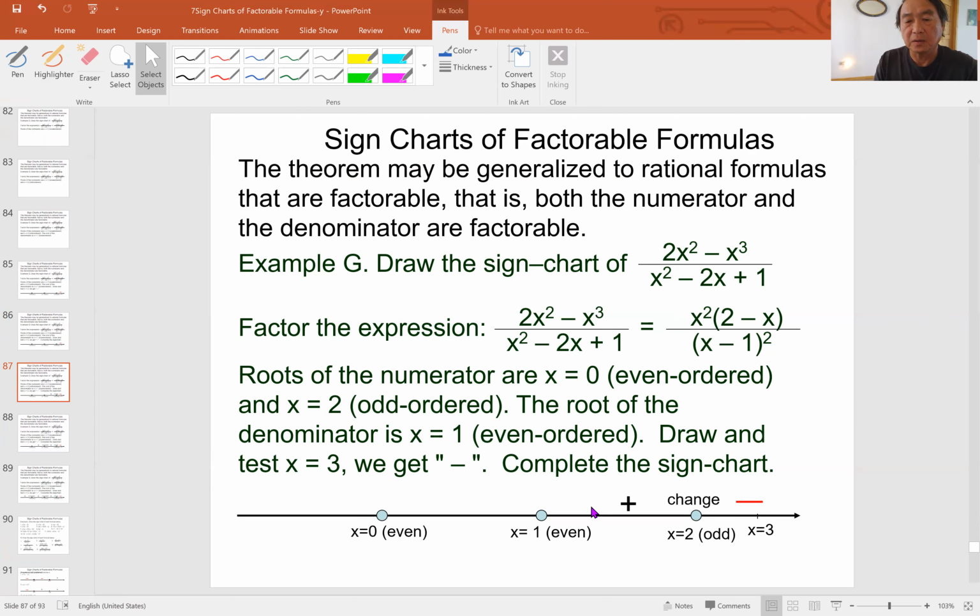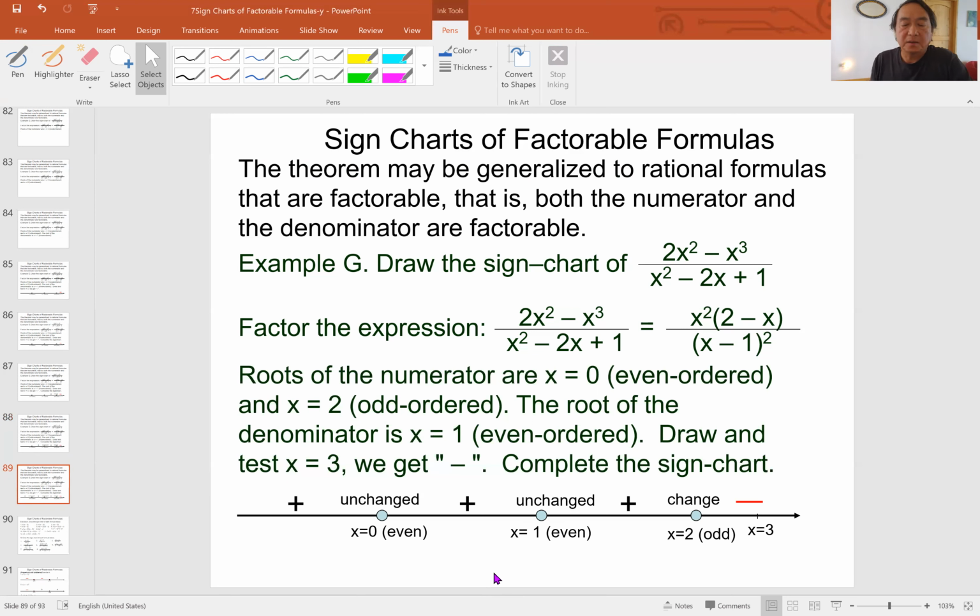When you cross the number 1, on the left hand side of number 1 is an even order root, so it doesn't change. So it stays plus. Then you cross the other 0, it's still plus because both are even. It's unchanged and unchanged. So this is the sign chart.